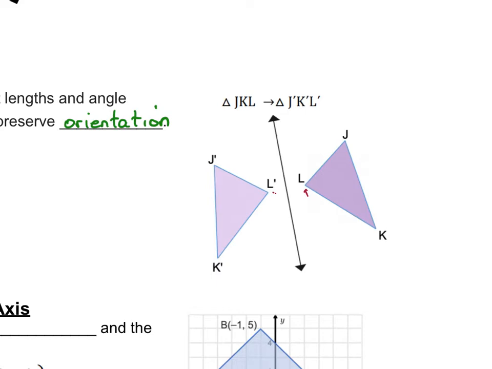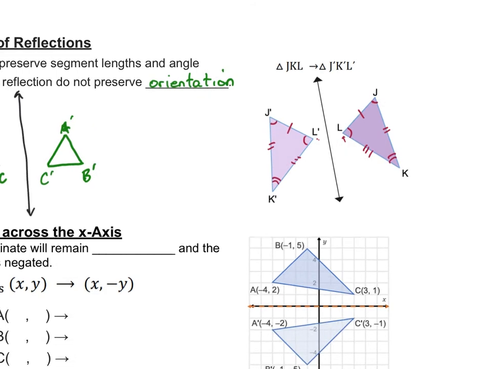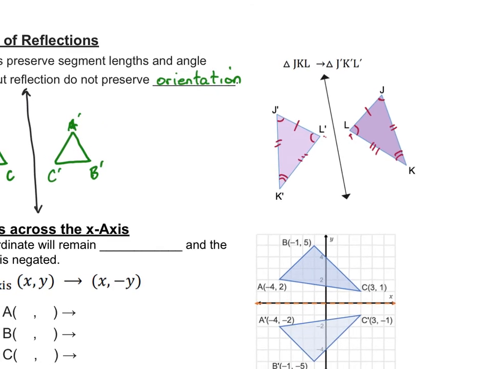And you can look here because we know that JL corresponds to J prime L prime, and as we go around, we can see where the pieces correspond that their orientation does not remain consistent. So there is my orientation changing because, you know, this segment now is congruent to this segment. So there is a change in my orientation.